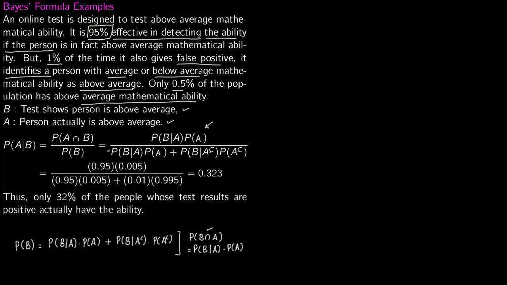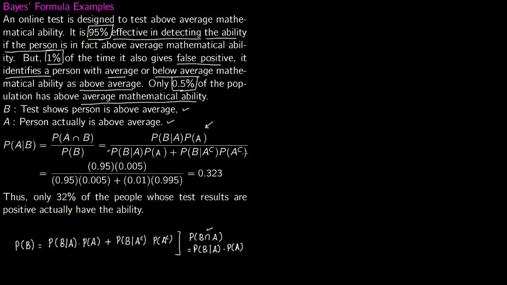The person is below average, but the test shows he does really well. So that is a false positive. So that is 1% of the time it gives a false positive. It identifies a person with average or below average mathematical ability as above average. So you put 0.01, times probability of A complement. The person actually being above average is only 0.5% probability, so 0.5% of the population has above average ability.